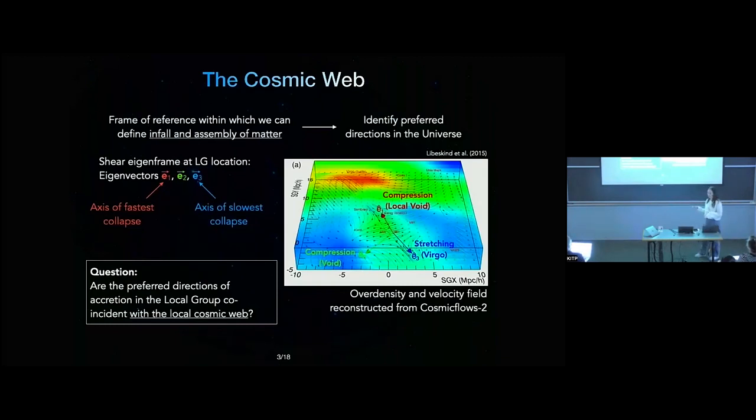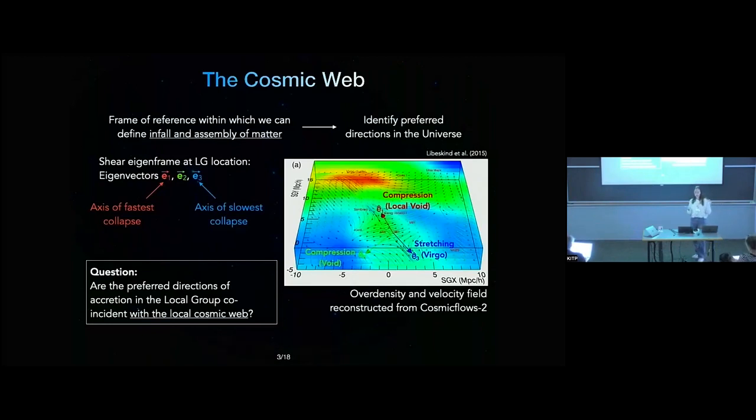We are also showing the shear eigenframe by those 3 arrows, and they tell us about the shape of the filament that is connecting the local group to Virgo. So we see that it is compressed in the E1 direction by the local void, another compression in the E2 direction, and also stretching in the E3 direction induced by Virgo.